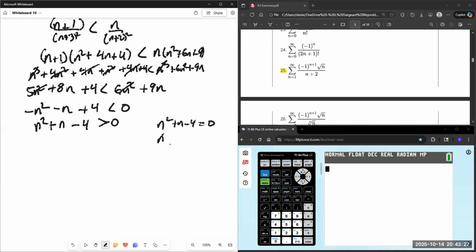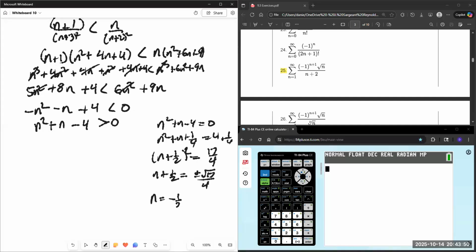n squared plus n is equal to 4. This is going to be plus a quarter, and plus a quarter, so n plus 1/2 squared is equal to 17 fourths. n plus 1/2 is equal to plus or minus root 17 over 4. This is a number a little bit bigger than 1. n is equal to negative 1/2 plus or minus root 17 over 4.